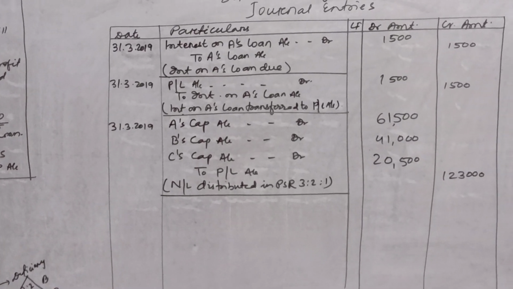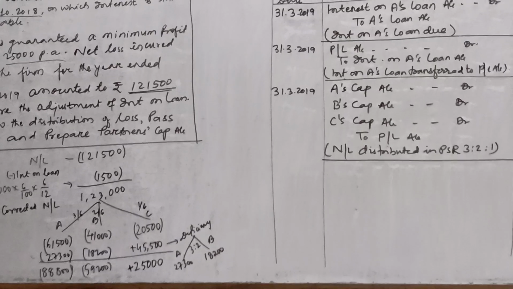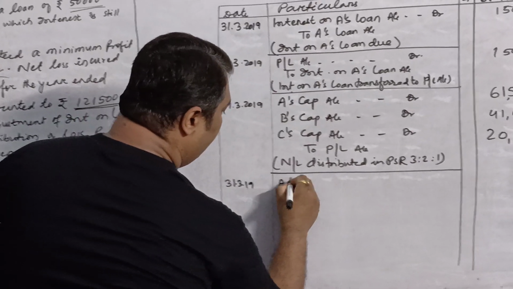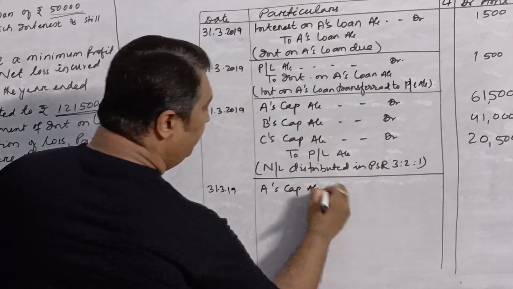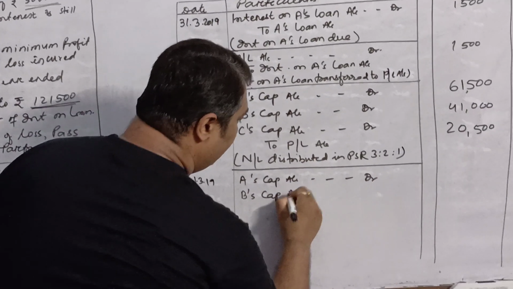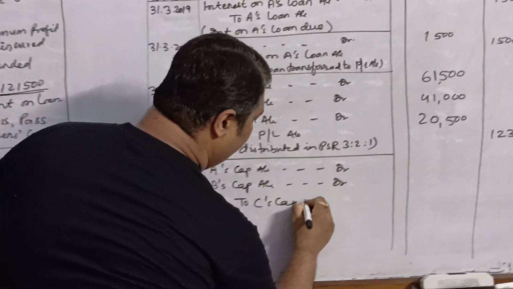After passing that entry, we will pass the entry for the adjustment and payment of deficiency. So the entry will be, since A and B are paying the deficiency, A's capital account debit, B's capital account debit to C's capital account.